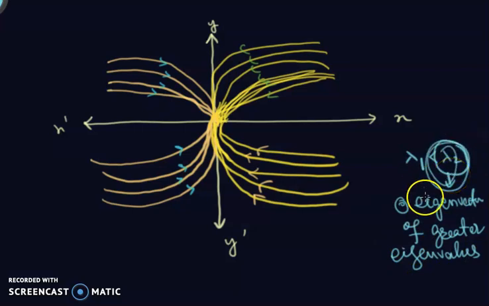The y-axis was the direction of lambda 2, so the trajectories are approaching along lambda 2.